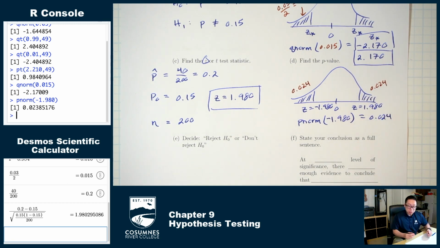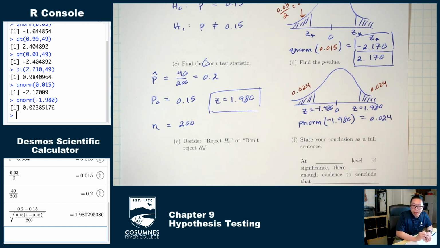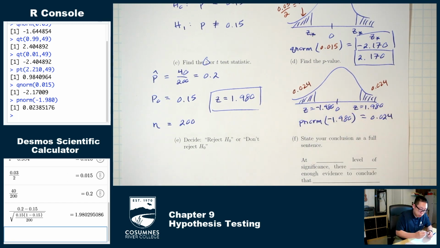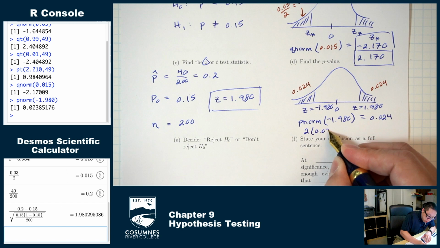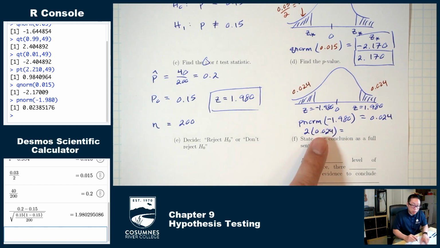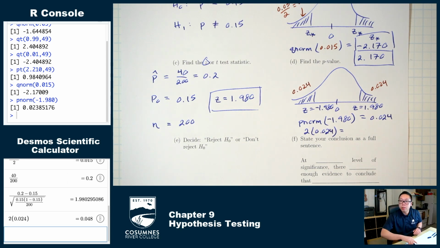So my final answer, you can either add those two up or take one of them and multiply by 2. So I'll take one of them and multiply by 2. So I'll do 2 times 0.024. And that's going to be my p-value. So 2 times 0.024, 0.048.